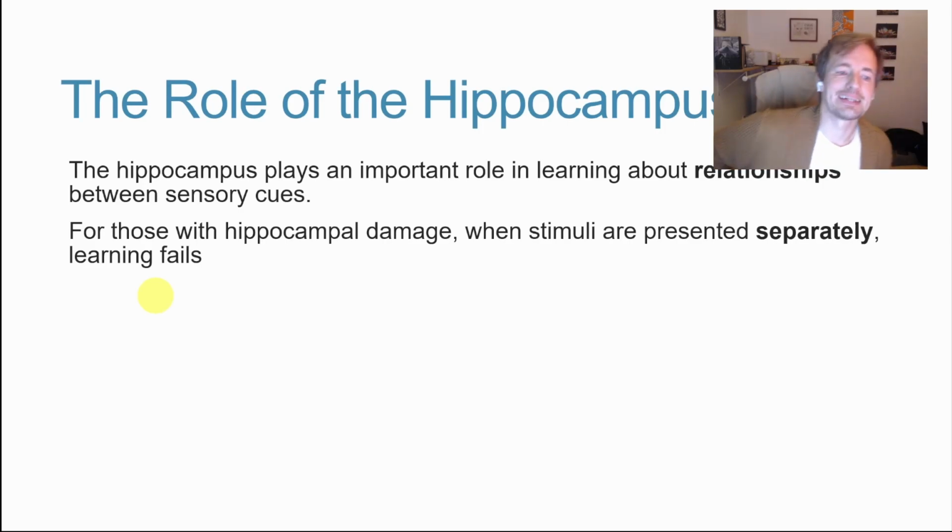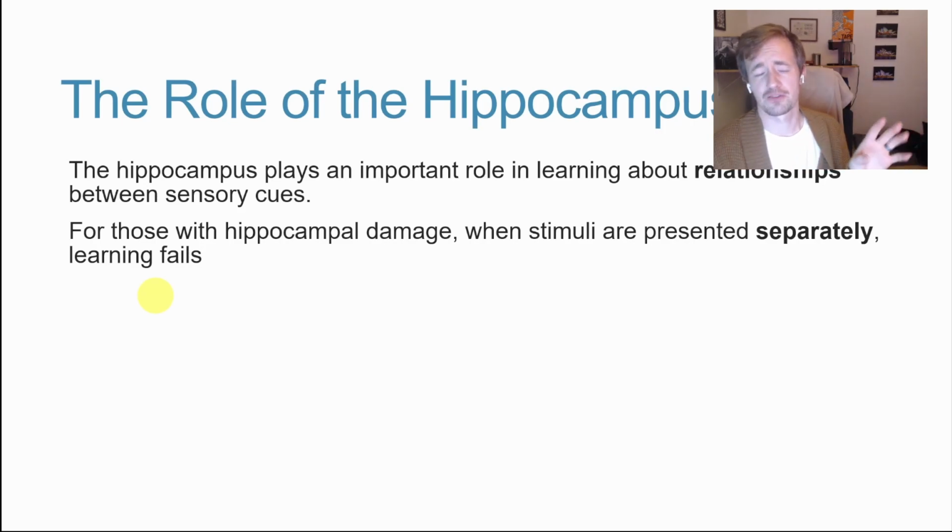All right, winding down now, let's talk a little bit about the hippocampus here. The hippocampus, as we mentioned, is really helpful for helping us consolidate memories. And we talked about latent inhibition earlier, but the hippocampus is going to play a really important role in helping forge a relationship between areas of our brain and the sensory cues that we learn about.